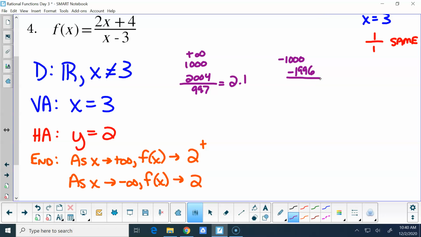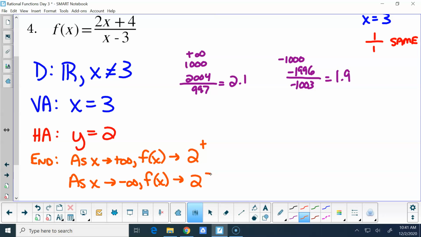Negative 1,000 minus 3 is negative 1,003. And that is going to be less than 2. That's going to end up being like 1.9. So therefore, this one is going to come from the bottom.